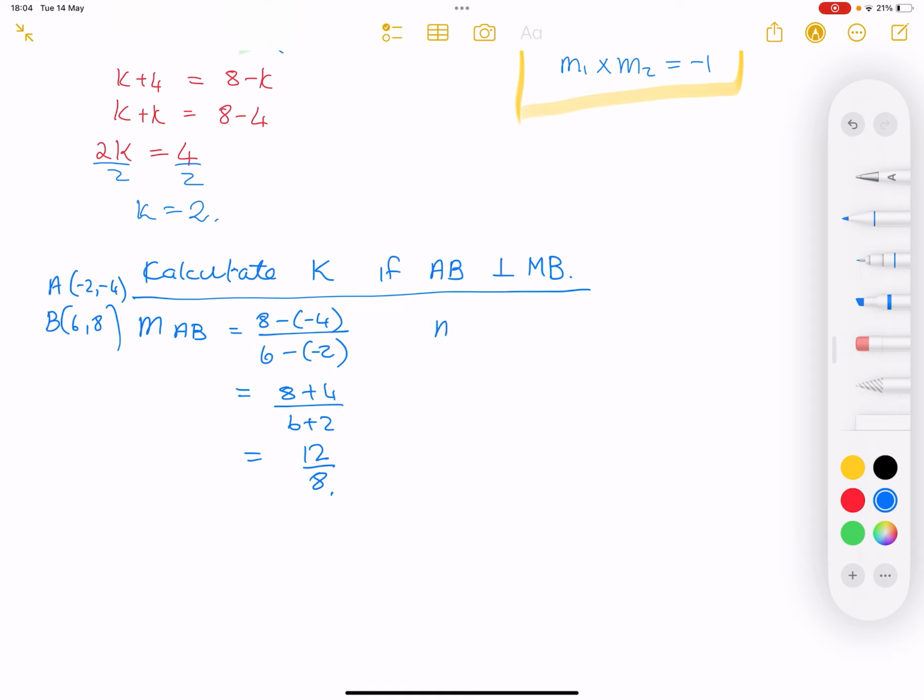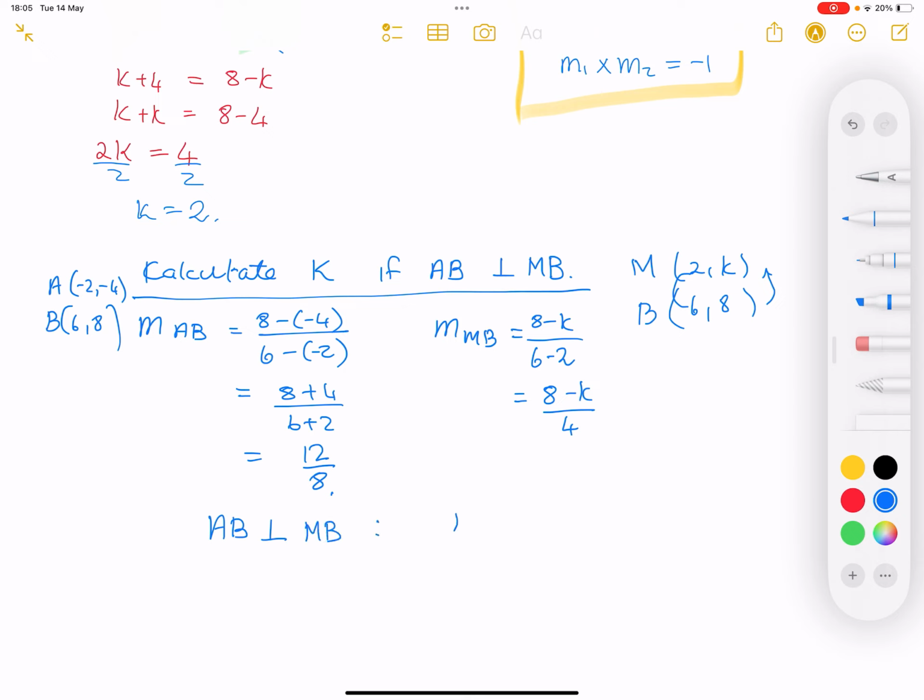Then the gradient of MB: M is the point 2, K, and B is the point 6, 8. So the gradient of MB gives you 8 minus K over 6 minus 2, so that is 8 minus K over 4. Now we have AB perpendicular to MB.